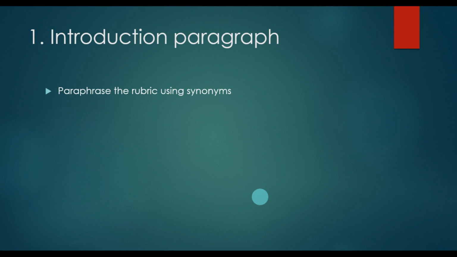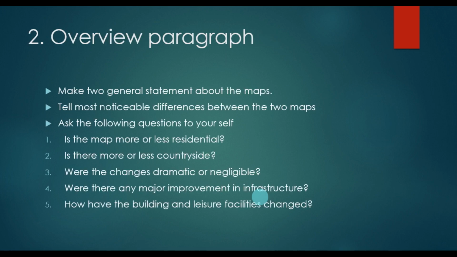In the next paragraph, you must write the overview. Overview means a summary of the whole theme of the maps, like making two general statements about the map, whether it is totally built up into a residential zone, or it's barren land.